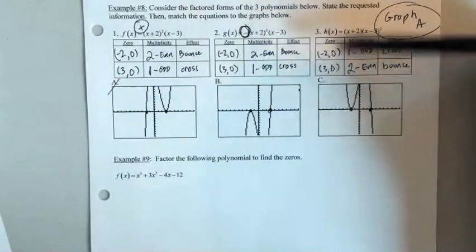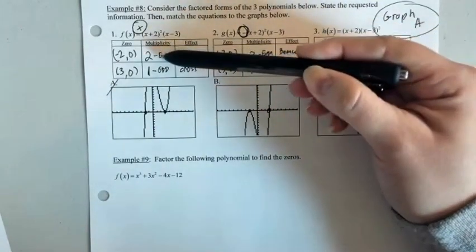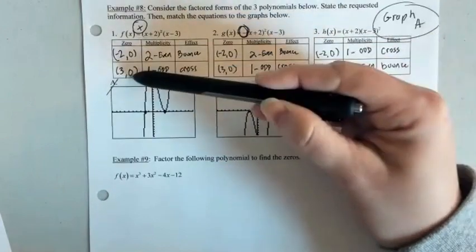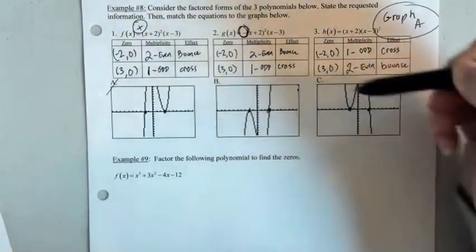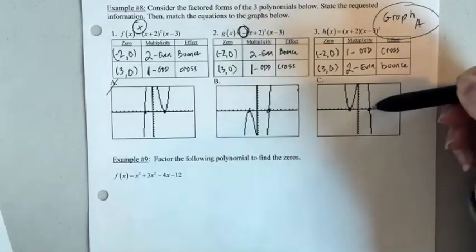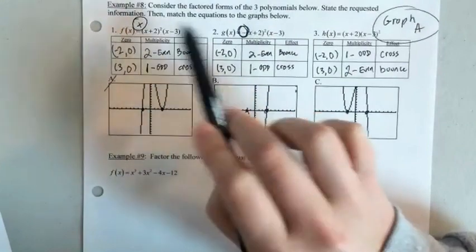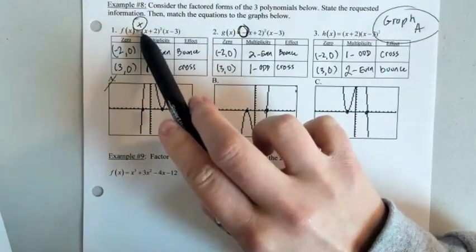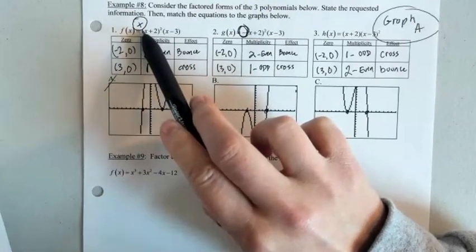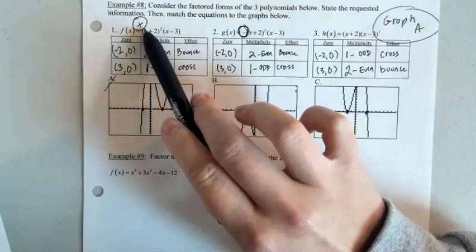All right, between B and C, these 2 we knew were going to be similar. They were supposed to bounce at -2 and cross at 3. It does bounce at -2, crosses at 3, bounces at -2, crosses at 3. So we're on track there so far. We said that one of the only differences between these was going to be the leading coefficient and what impact that had. Remember, the leading coefficient impacts end behavior.